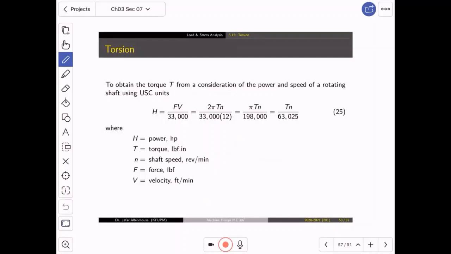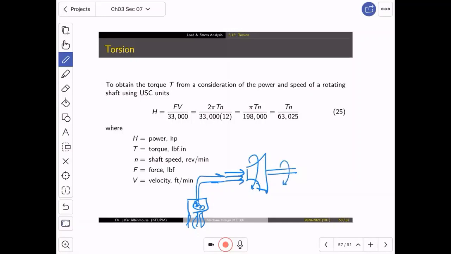Now, what you should focus on is that torque is very important when it comes to power, because in machinery, we tend to rotate in order to produce power. For example, a steam turbine uses superheated air, as they taught you in thermodynamics, in order to make this shaft rotate.